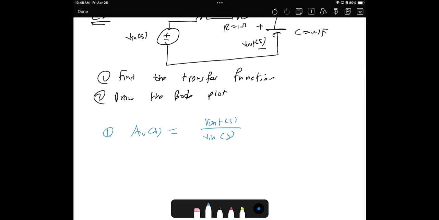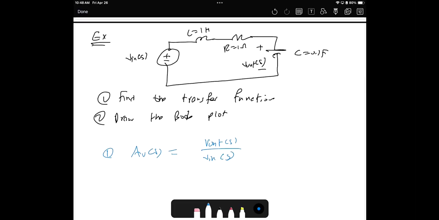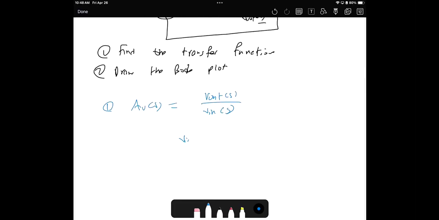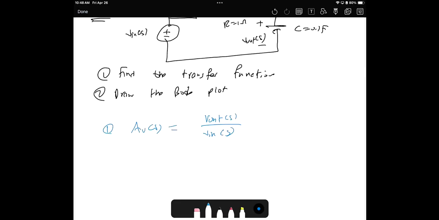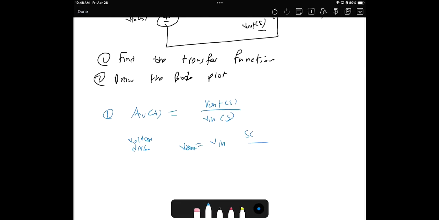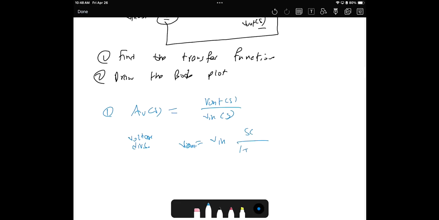So in the circuit analysis, V out equals V in, this is voltage division, times the impedance 1 over SC, over 1 over SC plus R plus SL.